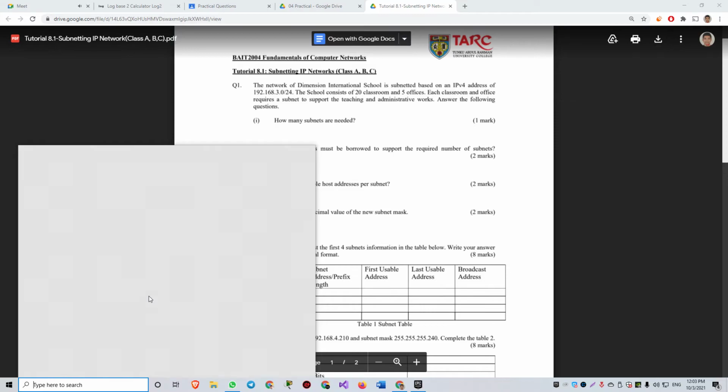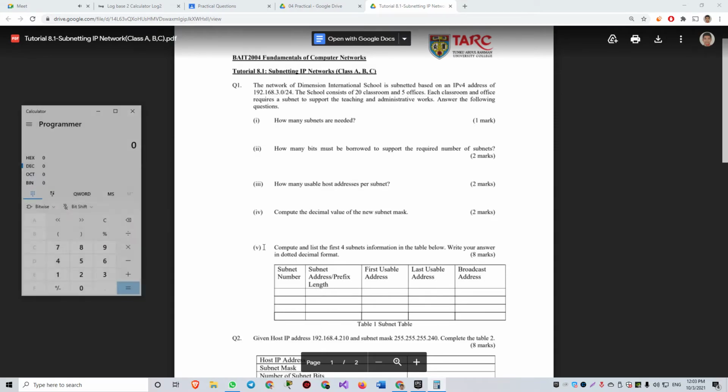The original will be like this: 1 1 1 1 1 1 1 1, that's the first octet. 1 1 1 1 1 1 1 1, that's the second octet. 1 1 1 1 1 1 1 1, third octet. So that's clear.